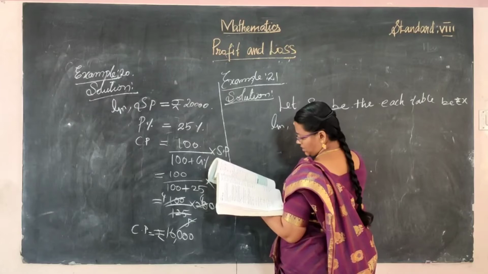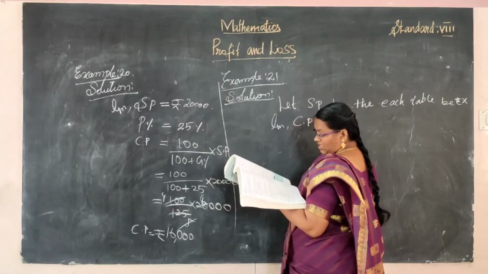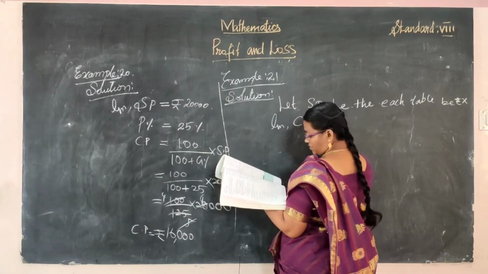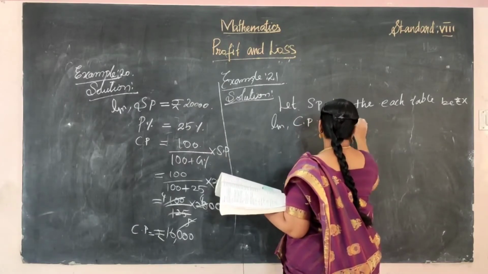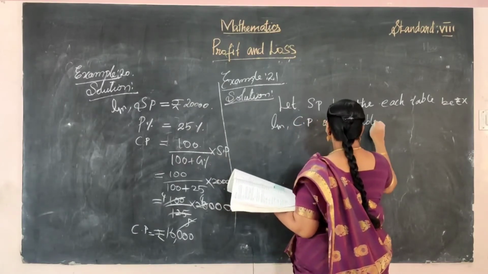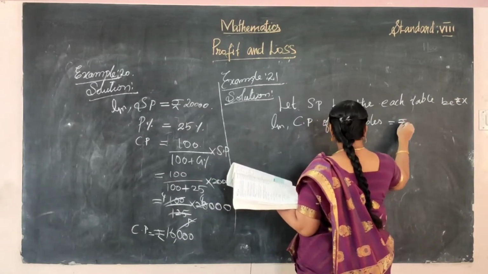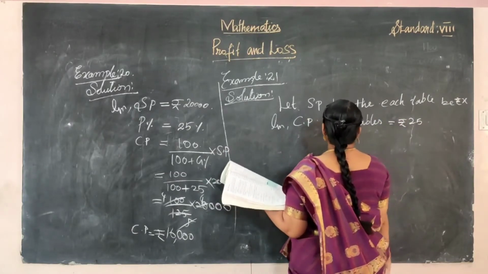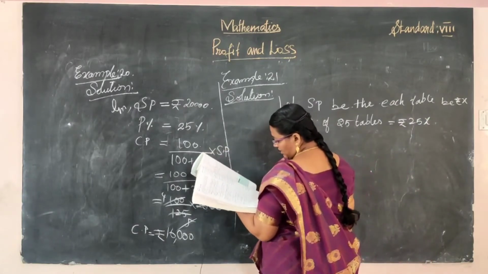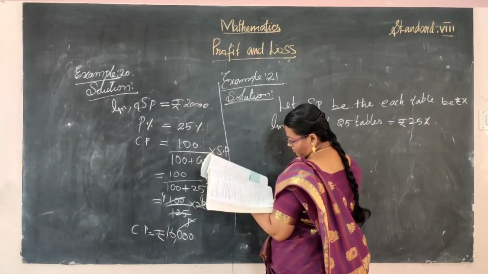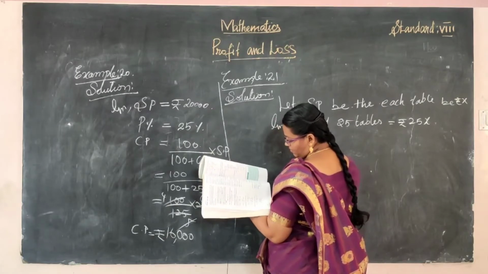Cost price is given. Cost price means purchase price. So the cost price of 25 tables is equal to rupees 25 into x.